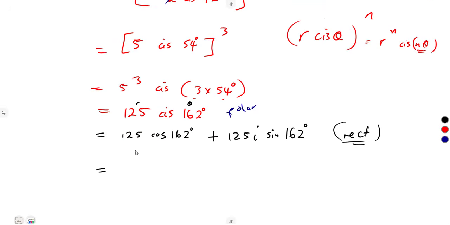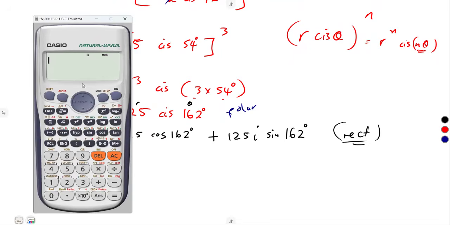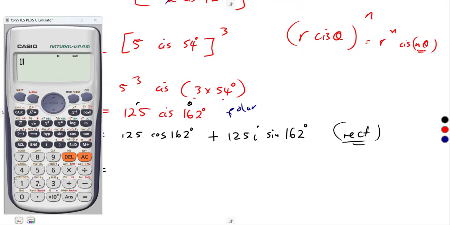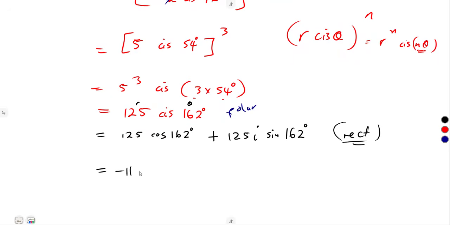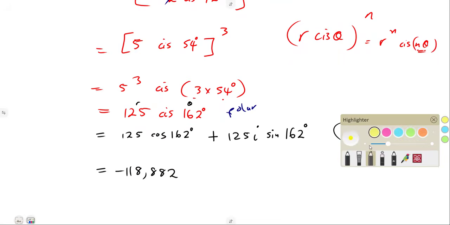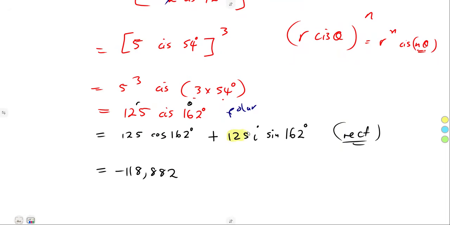But we can simplify to obtain exact values from what we have. 125 cos 162 is going to give us this, and we can round off or fix our calculators to 3 decimal places as per the given instruction. So that's negative 118.882. Then we simplify 125 sine 162.